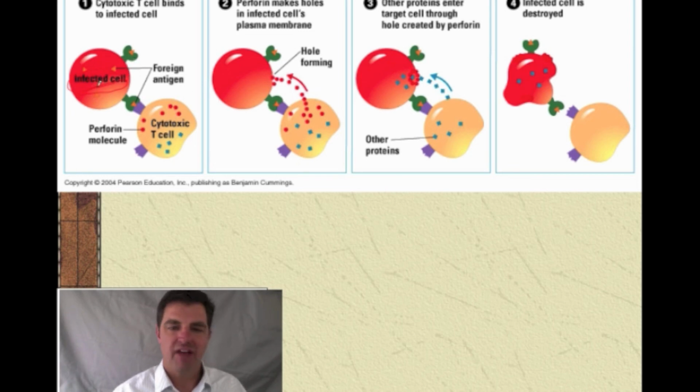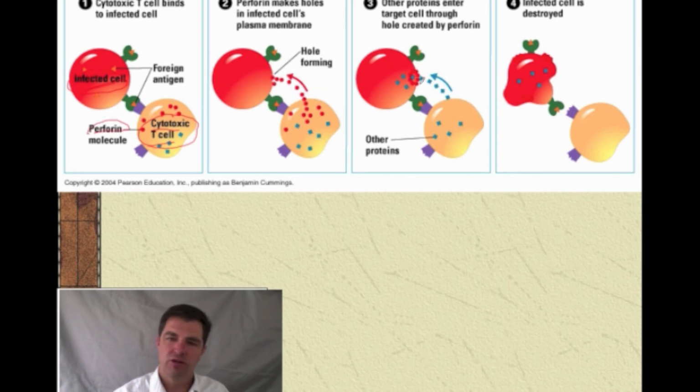Once your cell is infected with that virus, it's very difficult, if not impossible, to get the virus out of the cell. What happens is your immune system comes along and actually kills your own cell infected with that virus using what's called a cytotoxic T cell. It'll bind to it and put this perforin molecule that actually punches a hole in it.